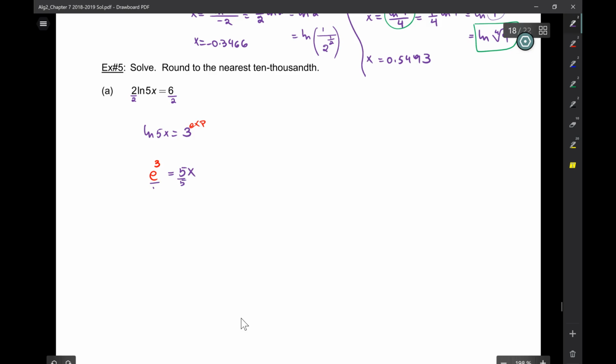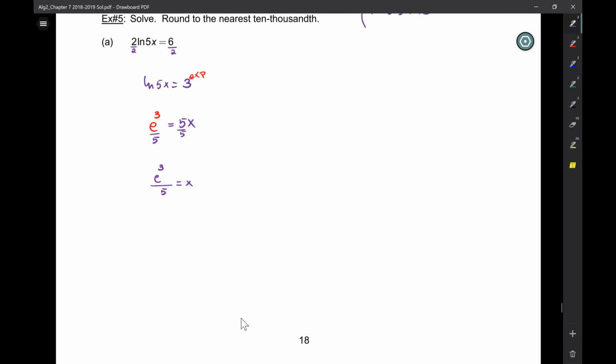Dividing by 5, e cubed over 5 is equal to x. On a non-calculator section, this is a perfectly acceptable answer. You can also write it as 1/5 e cubed. Those are the same.